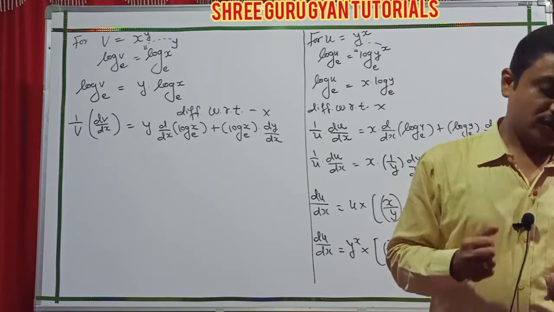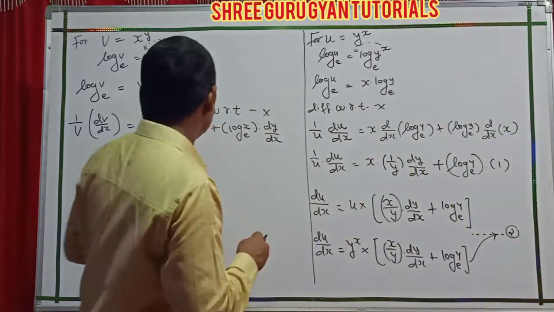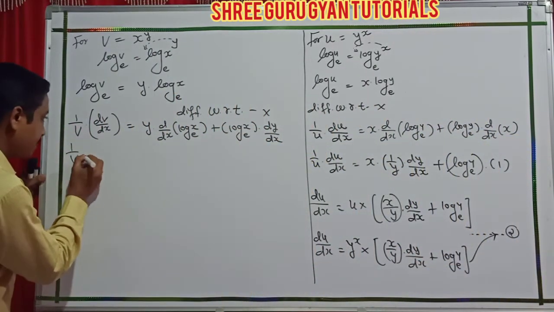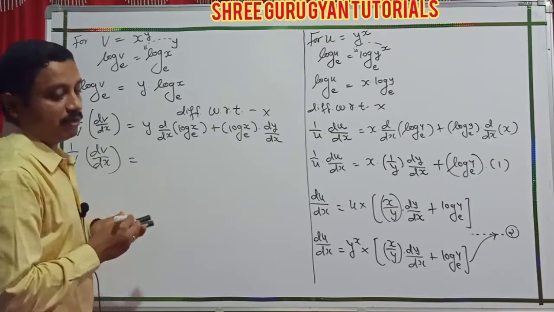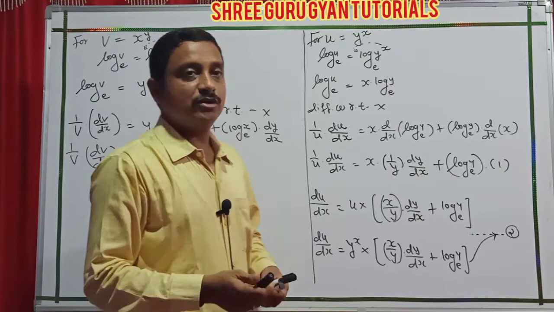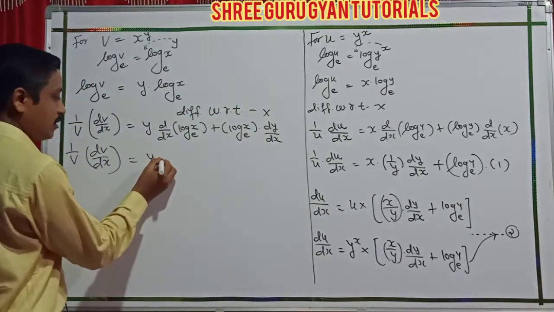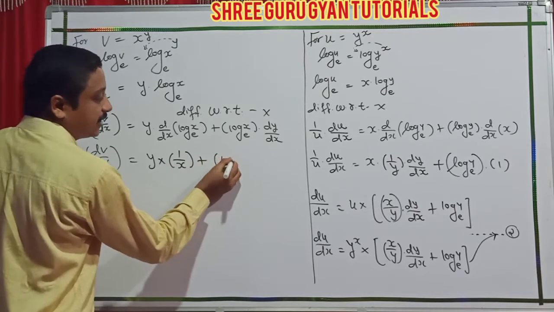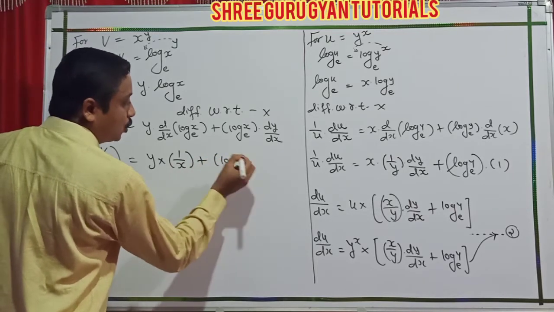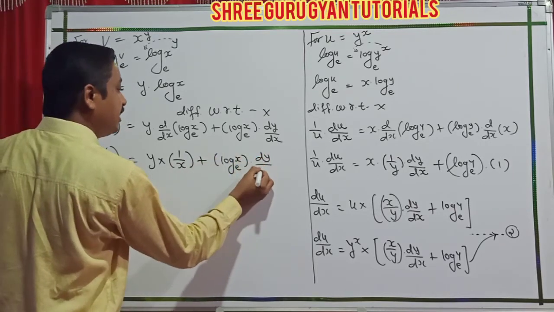So 1 by v dv by dx is the same, and here apply our basic derivative. So the value y, the same. What is the log x derivative? 1 by x, and here the same, into dy by dx, similarly.